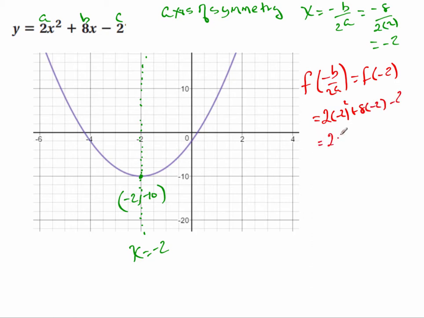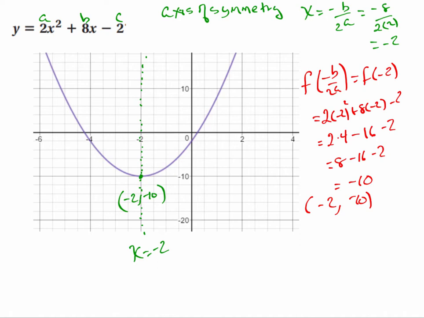So this is 2 times 4 minus 16 minus 2. So this is 8 minus 16 minus 2. And so this is negative 10. So my vertex is negative 2, negative 10. Lo and behold, exactly what I was able to read off my graph. It's always good when that works.